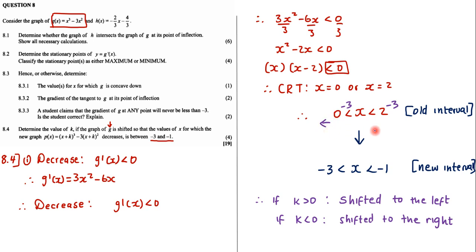By the looks of things, this graph went to the left. Because it went to the left side, the value for k which we shifted this graph with is 3 units. Let me just write it as 3 units.